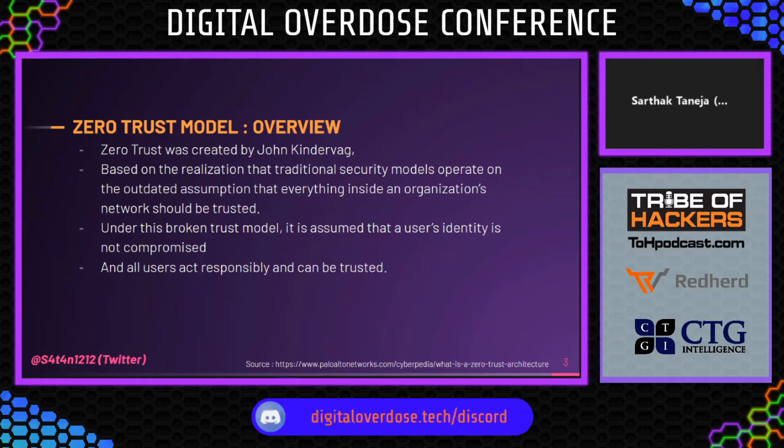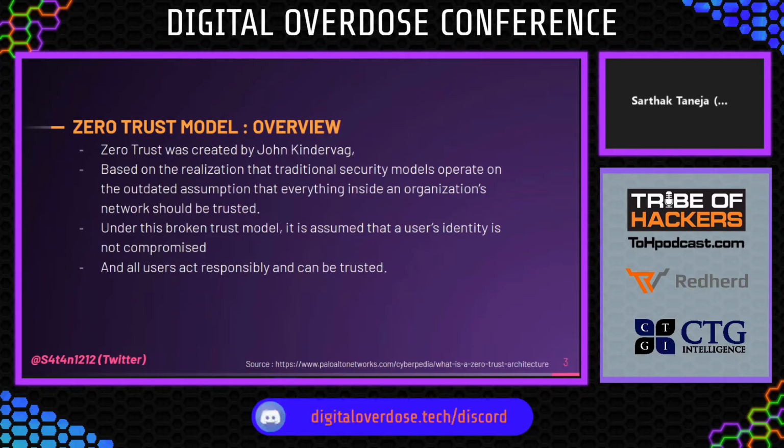But as we all see, this model is broken and nothing inside the network is trusted for now. The zero trust model recognizes that trust is a vulnerability. Once on the network, users including threat actors and malicious insiders are free to move laterally, access or exfiltrate whatever data they are not limited to.